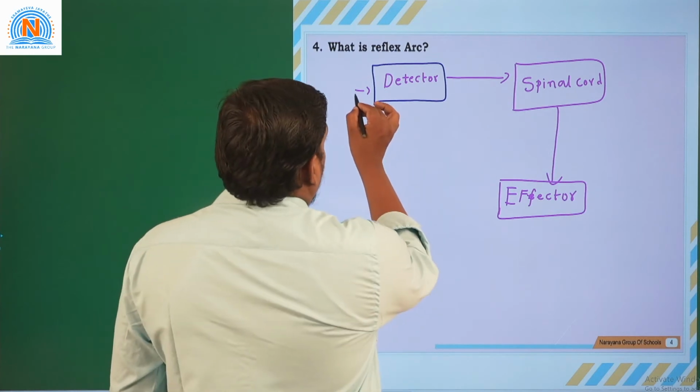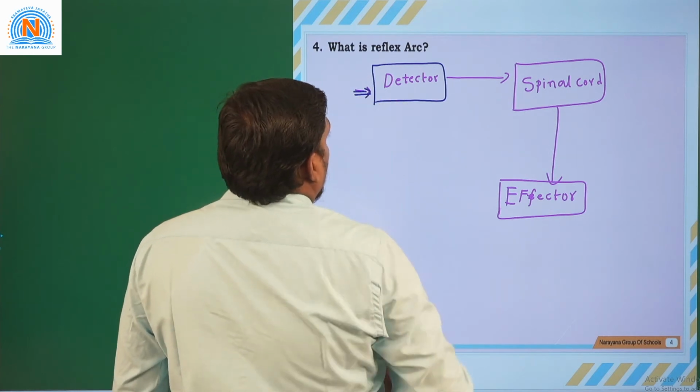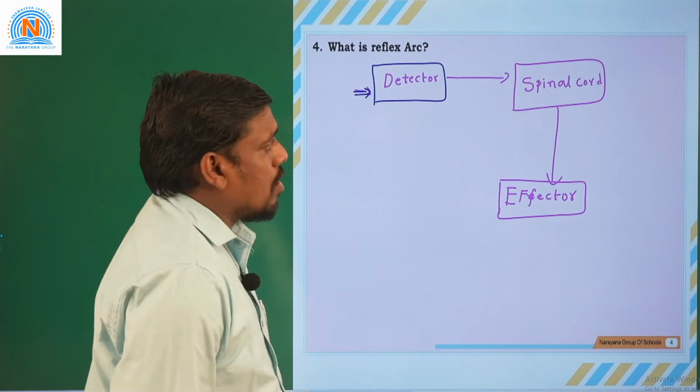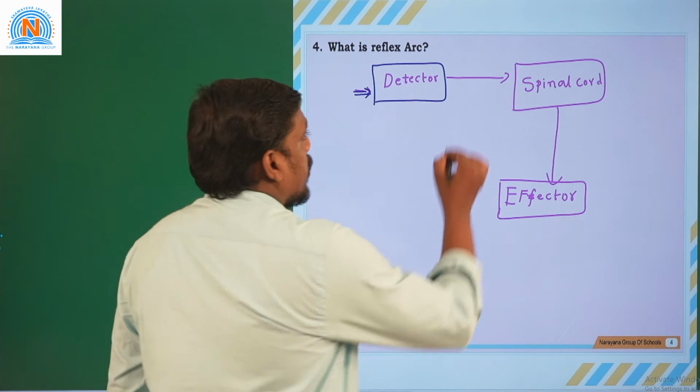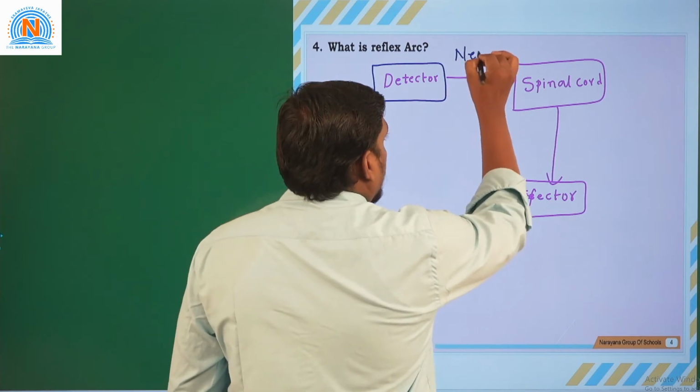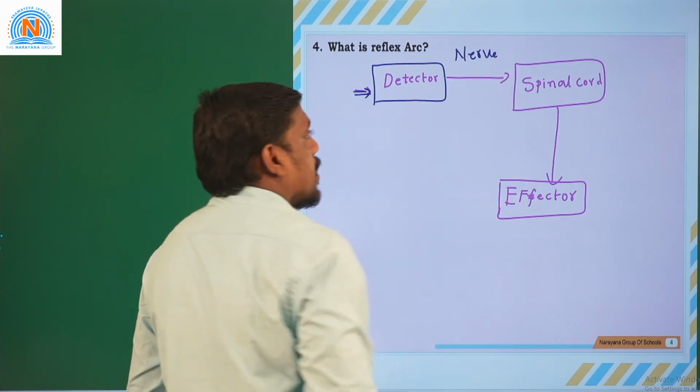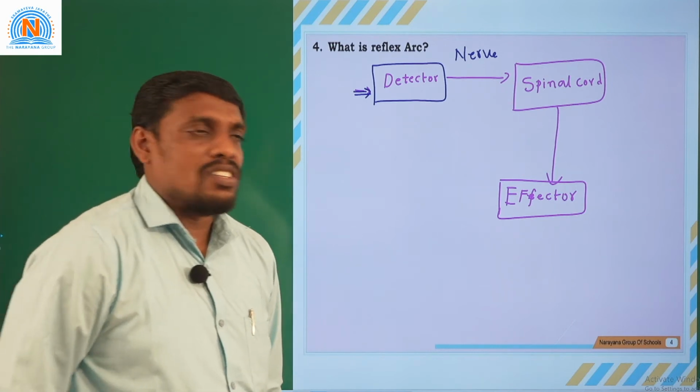Suppose information is carried or received from the detector by the spinal cord with nerves. The spinal cord is also one of the important structures that can receive sensation.